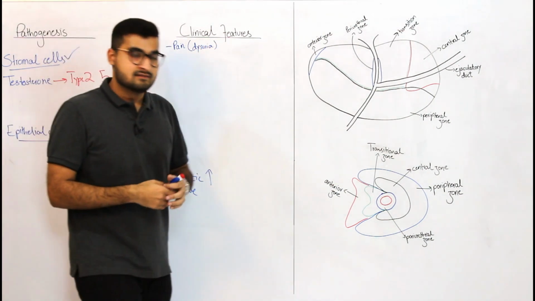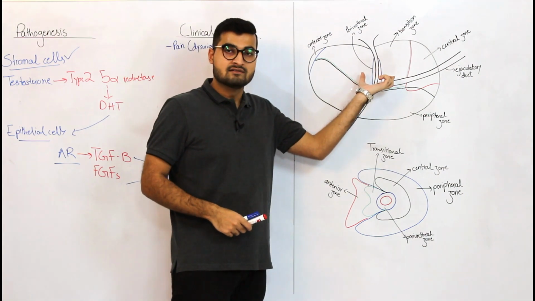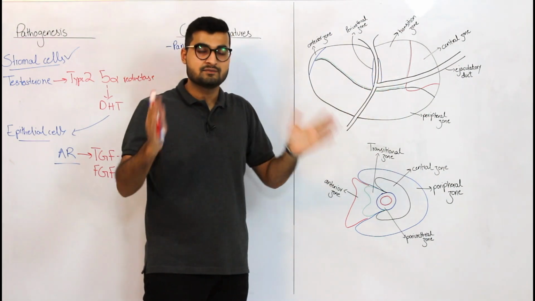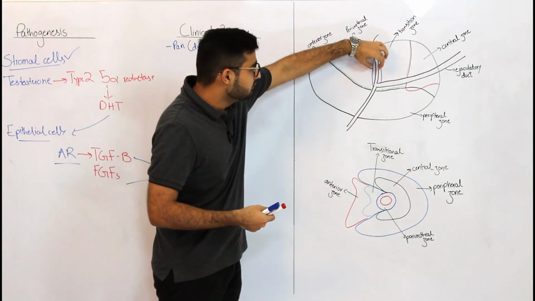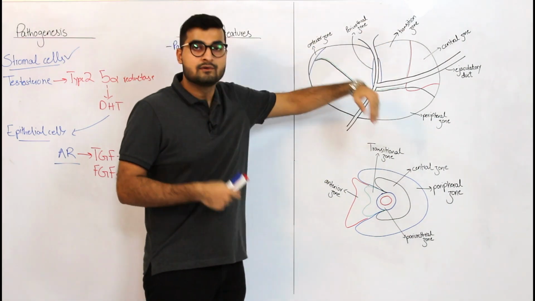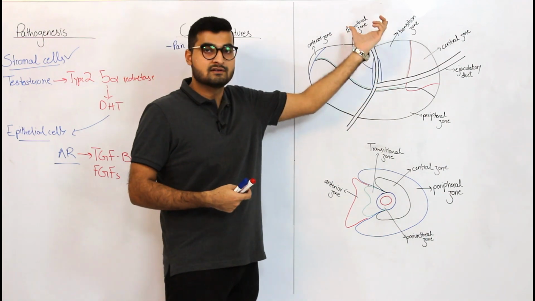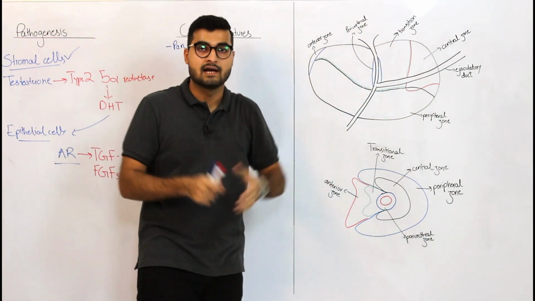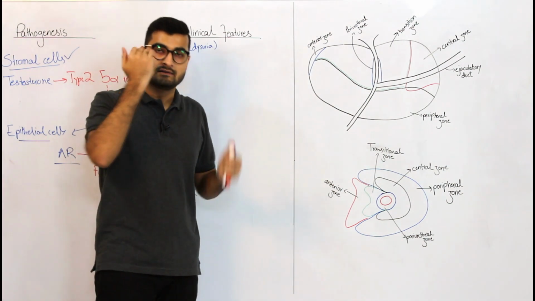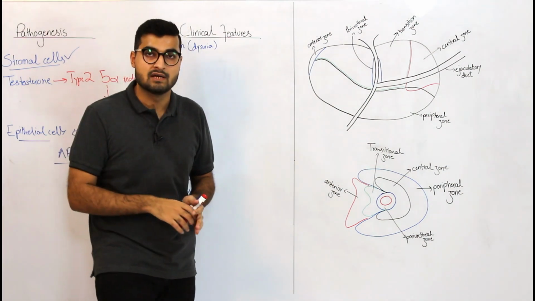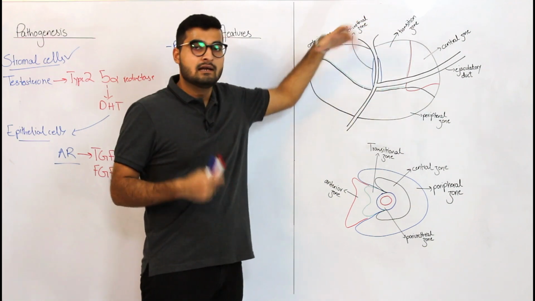Now, since you have a constricted urethra due to increased prostatic tissue, what's going to happen is that due to reduced urine flow through the urethra, what is above the urethra? You will have your bladder, right? So your bladder won't be able to empty itself just like it does in a normal human being, because in a normal human being you have a normal pathway.